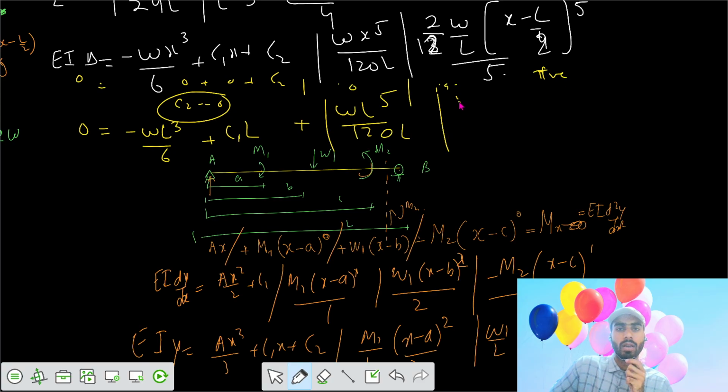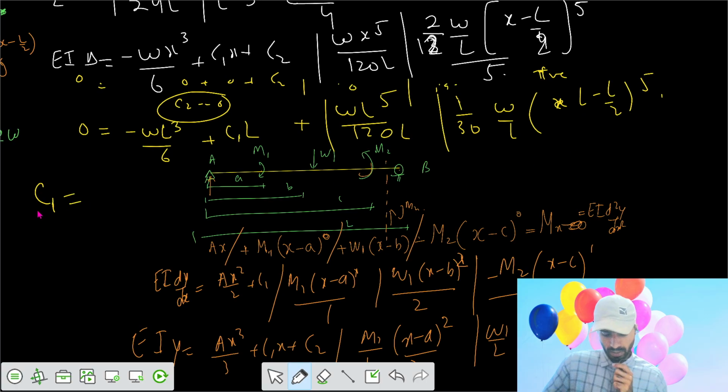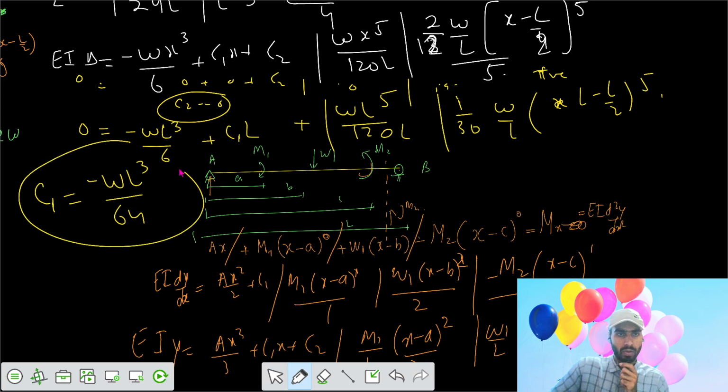So we can write 1 by 30 w by L, (L minus L by 2) power 5. So finally the value of C1 comes out to be minus wL cube by 64.